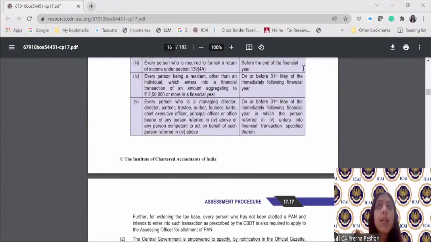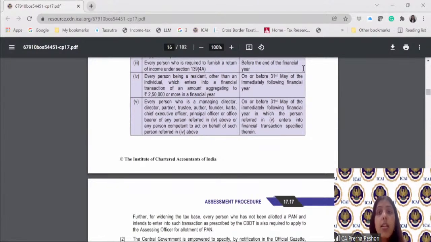So it is not just penalty on the person who is not giving, but the person who is obtaining those documents, he also has to ensure that the PAN has been duly quoted on that particular document. If it is not, then in that case, there will be penalty on that person also. Clear?